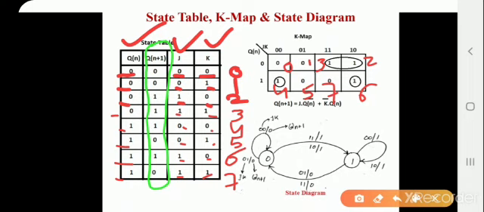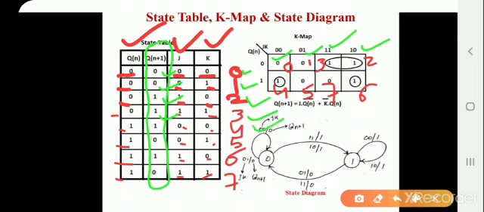As you can see, at position number 0, we have value 0. So 0. At position number 1, we have value 0. So 0. At position number 2, we have value 1. So 1. At position number 3, we have value 1. So 1.